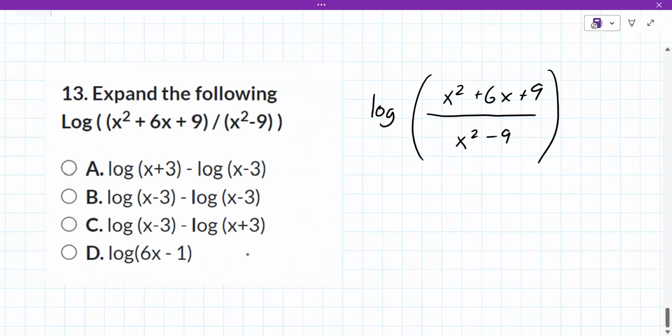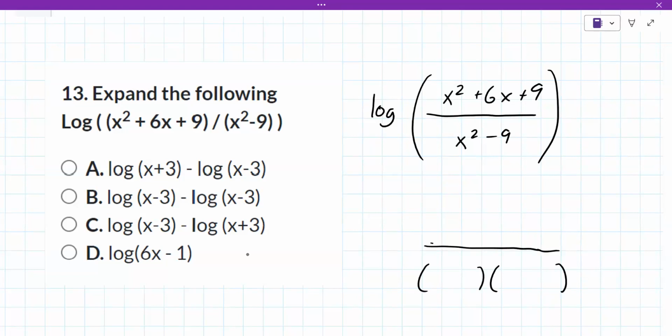Do you remember how to factor either the top or the bottom? The bottom's a difference of squares. I always get those two terms mixed up. Thankfully, math isn't really about vocabulary.